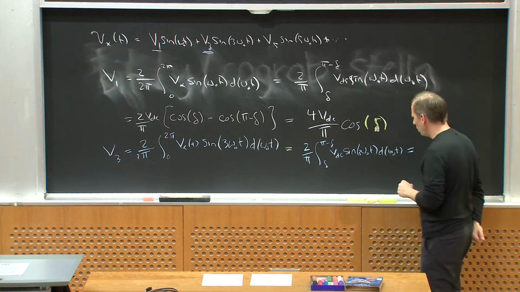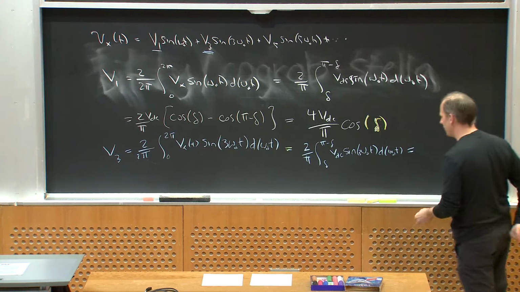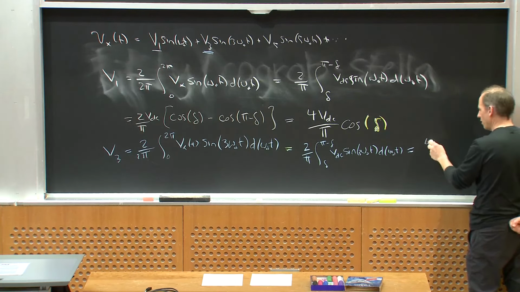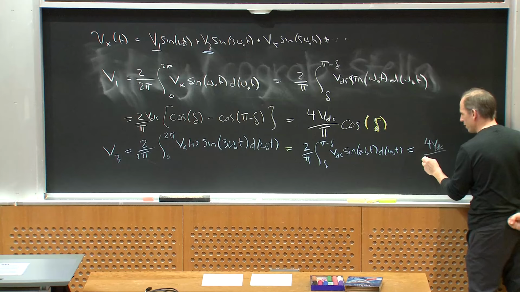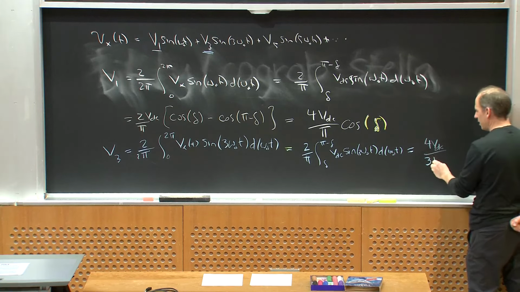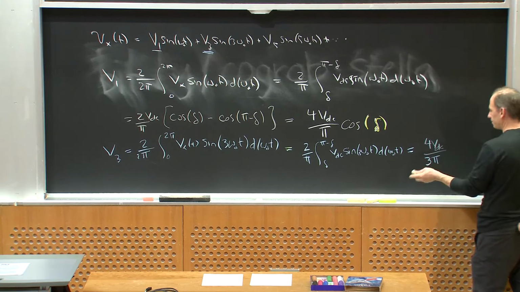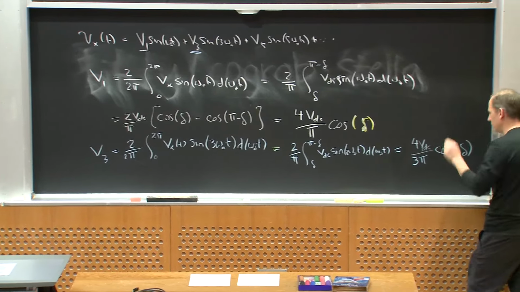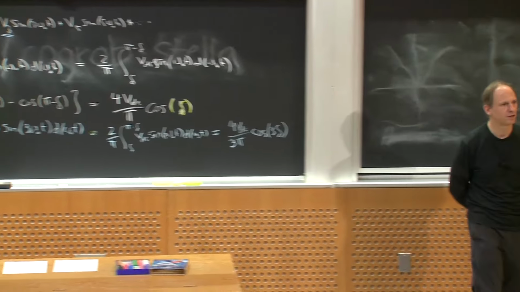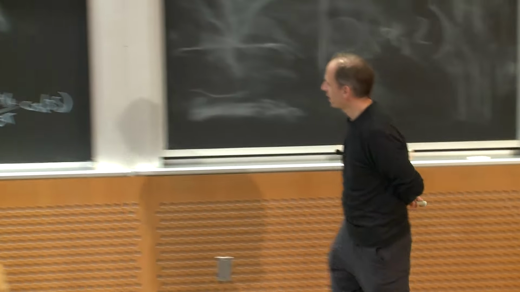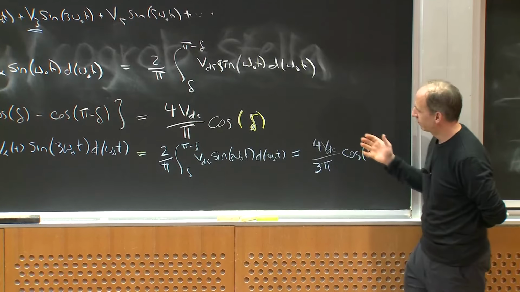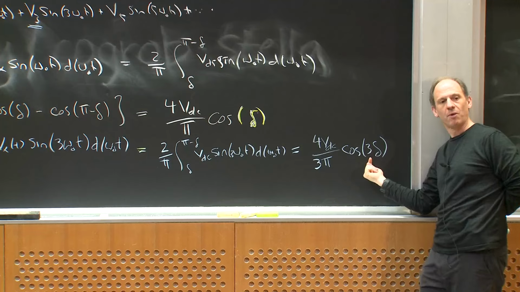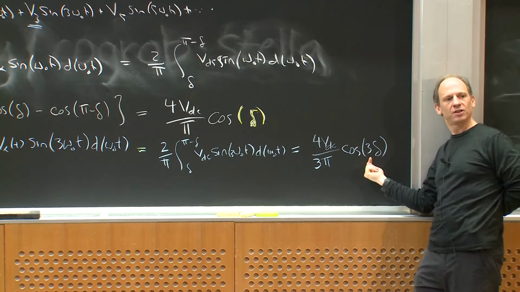It's the same game all over again, but what I get is 4 VDC over 3 pi times the cosine of 3 delta. That's just the result of that integral. So once I've determined delta, I determine the fundamental and I determine the third harmonic, right? But what can I do with this?